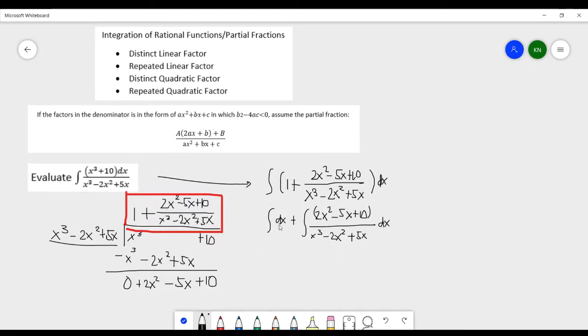The integral of dx is already x, so it's better to put this aside for now, and deal with this complex fraction.